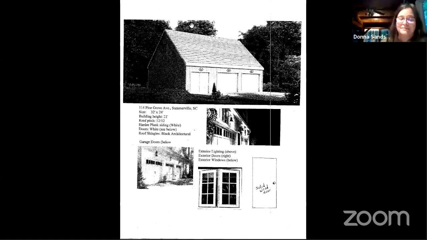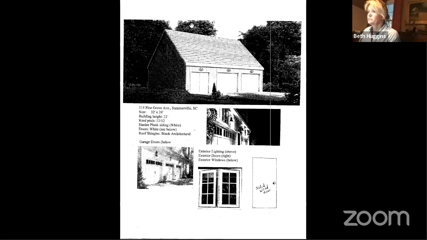Okay. That's the existing structure. Yeah, I think that would look better. It will match the existing structure. I thought there was an existing structure. Talking about the house. Gotcha.